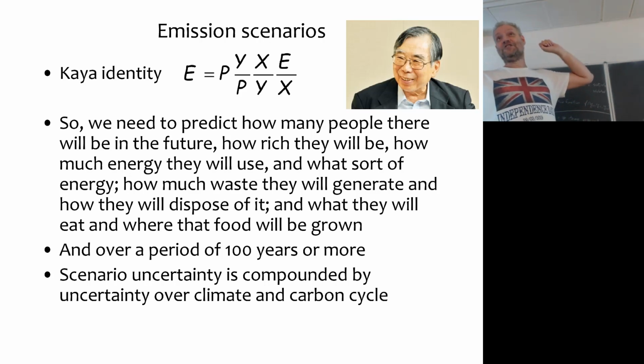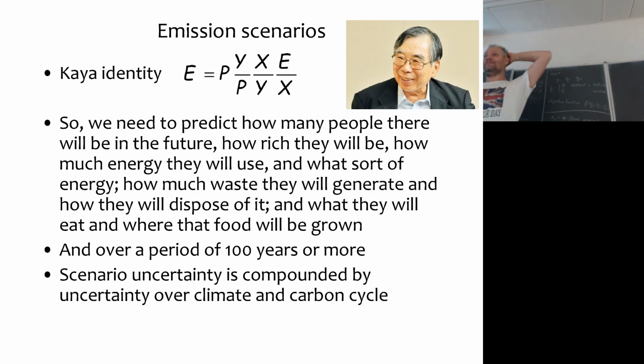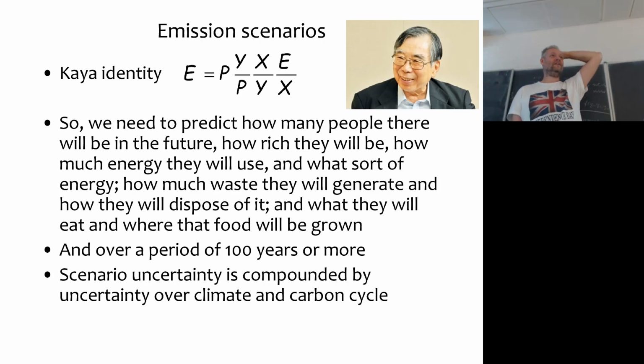Now, the graph that I showed you is about CO2 emissions, right? And if you want to project CO2 emissions, what do you need to do? You need to know how many people there will be in the future, how rich they will be, how much energy they will use, and what sort of energy they will use, right? And that is a tough problem, right?